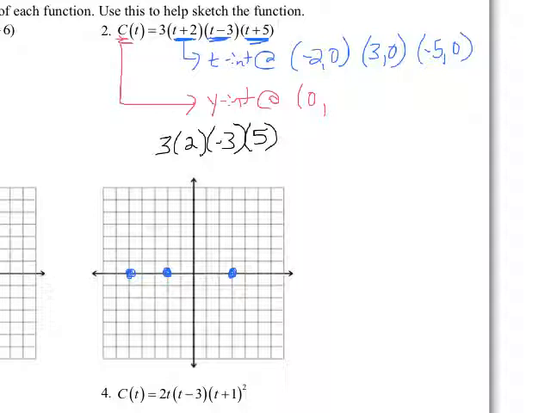So 3 times 2 is 6, times 5 is 30, times 3 is 90, so at -90. So this will be -90.